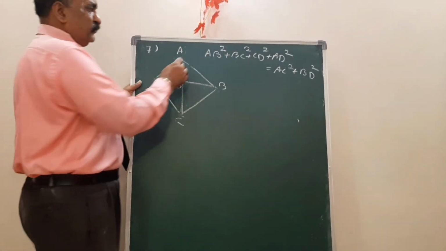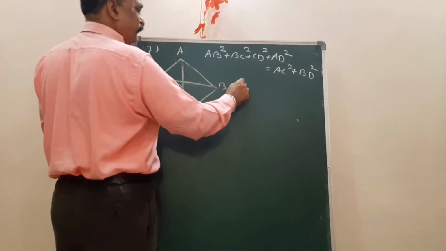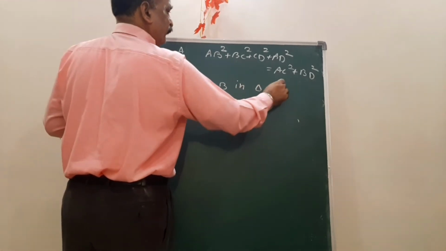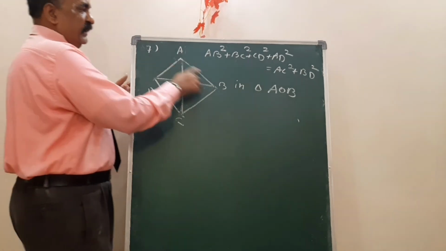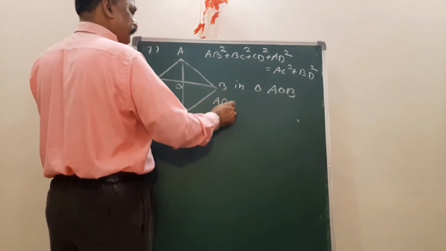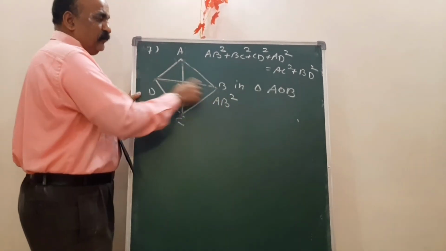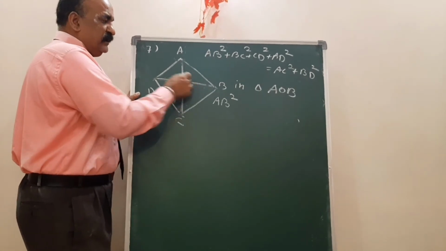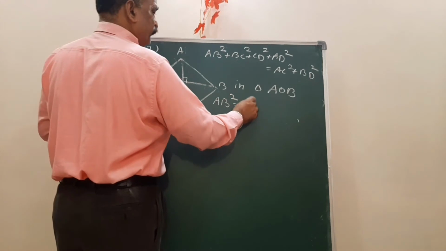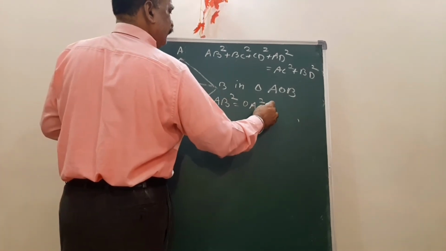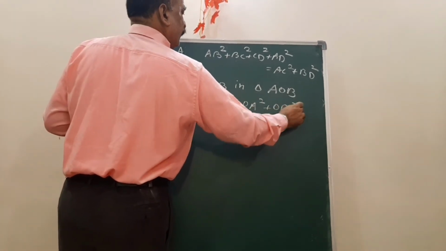Let us see. So in triangle AOB, you can write AB square, as diagonals of a rhombus are perpendicular to each other. It means this angle will be 90 degree. So AB square is equal to OA square plus OB square.